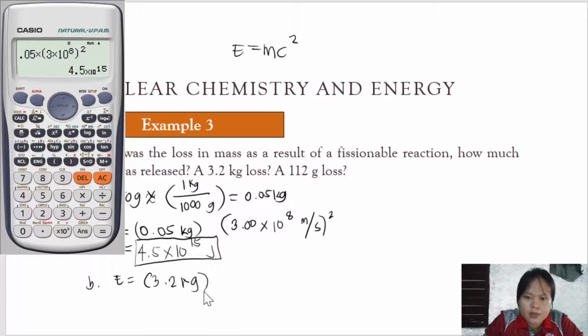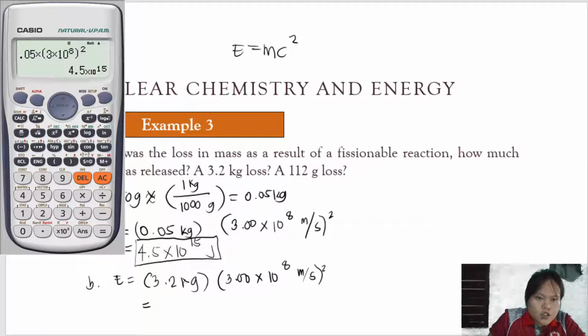3.2 kilogram. That's 3.00 times 10 raised to 8 meter per second squared. So using the calculator again, so change ko lang to. Or hindi na ako magde-delete.